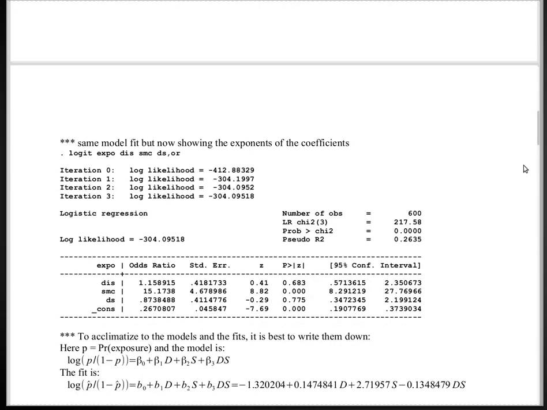Stata will also enable you to construct what we think are the odds ratios here. I'll come back to this. By adding the option OR, we get exactly the same fit, but now the numbers we get here are the exponents of the 4 regression coefficient estimates. Okay.